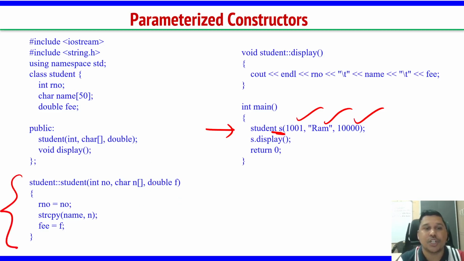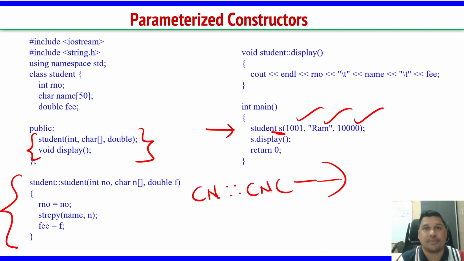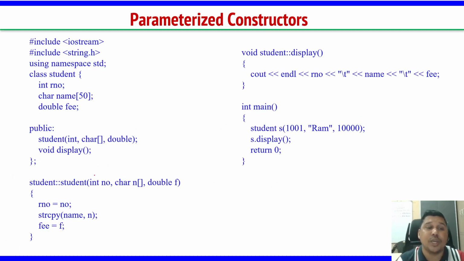Again, this is a demonstration of a way of defining a constructor outside the class. When you are defining any function outside the class, you have to use the class name, scope resolution operator, and the constructor name with the arguments. For what all things do we use this scope resolution operator? For assigning static data members.